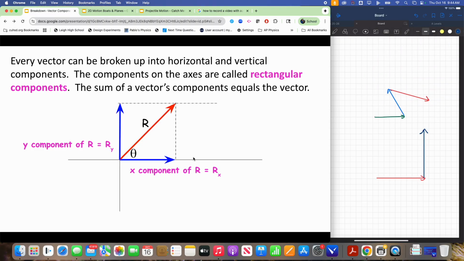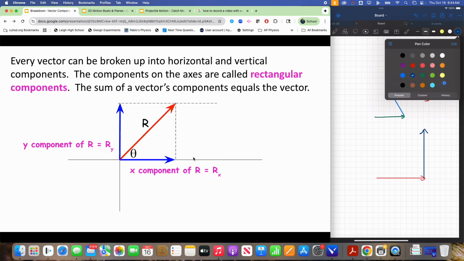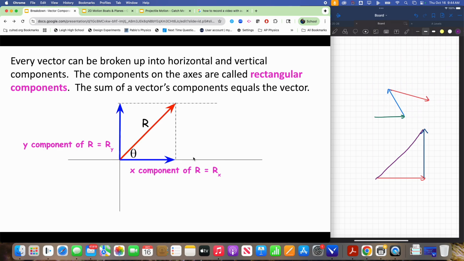And then we would be able to do what we did a couple days ago and figure out, using the Pythagorean theorem, the magnitude of this vector and the angle.